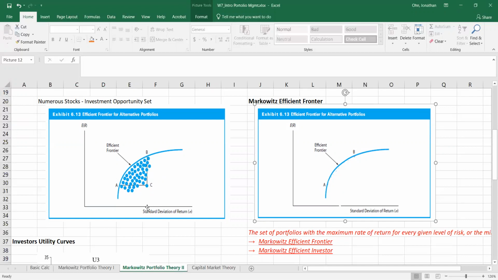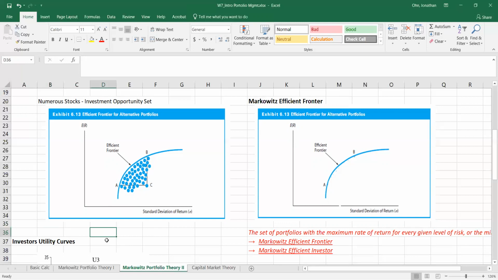Now, let me write down here. For the same risk level, higher return dominates lower return.